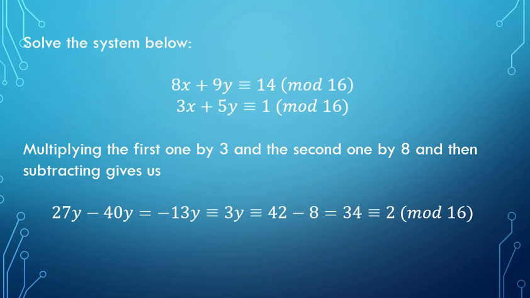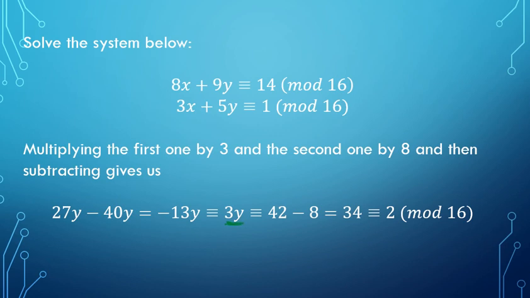So I'll have 27y minus 40y, which is negative 13y, but negative 13 is congruent to 3 mod 16. So negative 13y is congruent to 3y. And then if I take the 14, multiply it by 3, that gives me 42. Take the 8, multiply it by the 1, gives me 8. 42 minus 8 is 34. And 34 is congruent to 2 mod 16.